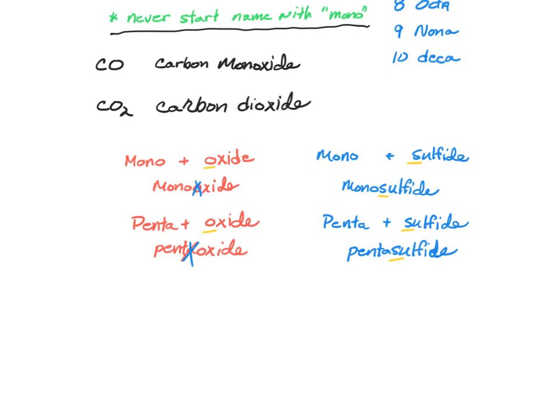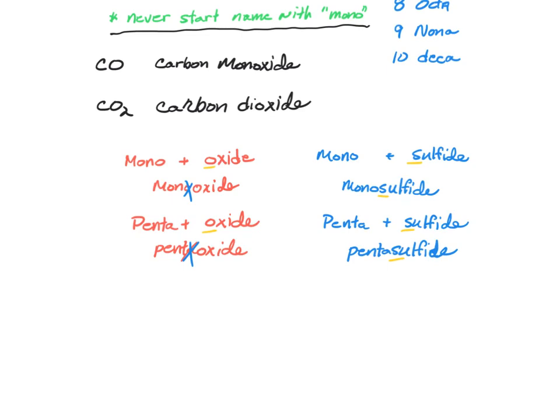Right here I crossed out that O, but I really meant to cross out this O, because that's what we're going to be knocking off. So that's just something to keep in mind when we're dealing with these molecular compounds.